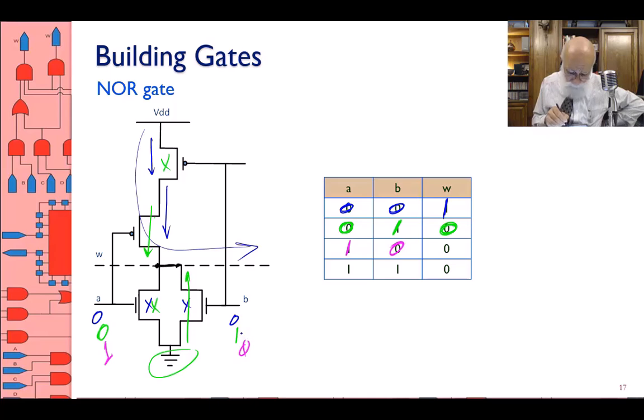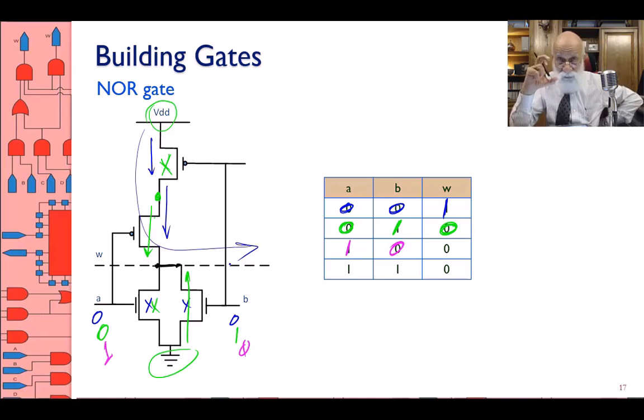But the 1 on B means that this is not conducting, and therefore the 1 that is initiated from VDD reaches this middle point between the two PMOS transistors, but the one on the upper side of the B transistor doesn't reach the middle point, and therefore that lower transistor is not able to put a 1 to the output.